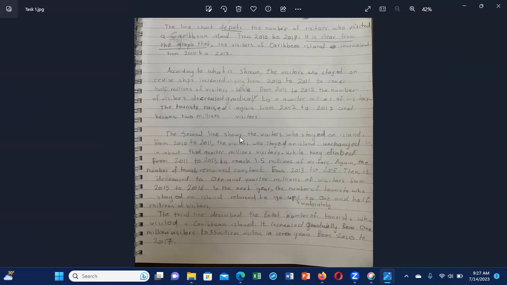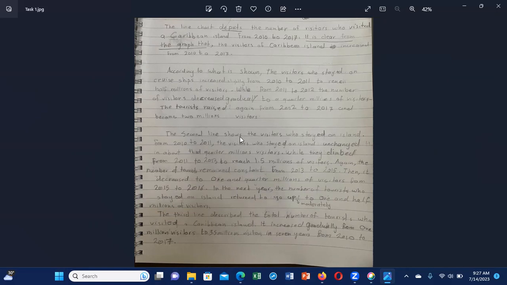Now for this essay, you have got the number. Or you can say a piece of information or some pieces of information about the visitors. So this is how you can write: the given line chart represents or depicts a piece of information or some pieces of information about the visitors.